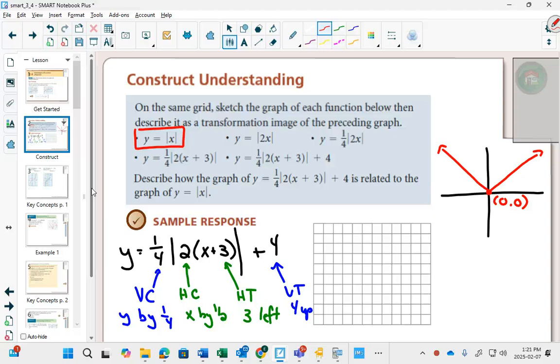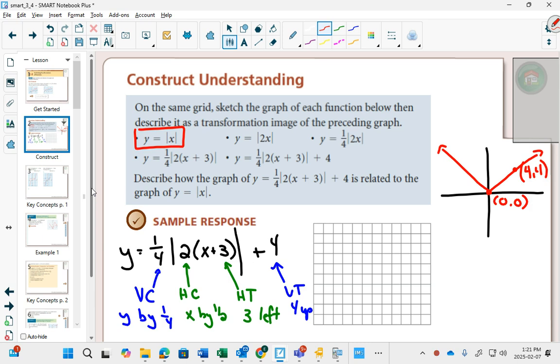We have to multiply the y by 1/4. We have to multiply the x by 1/2. We have to move 3 to the left and 4 up. So I have a bunch of points I can label on here. I'm going to choose one on one side and one on the other. And when choosing those points, a little bit of strategy involved.